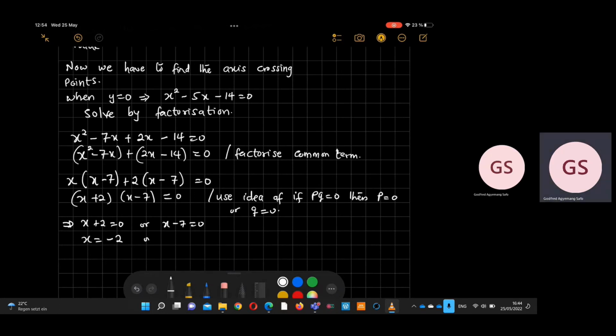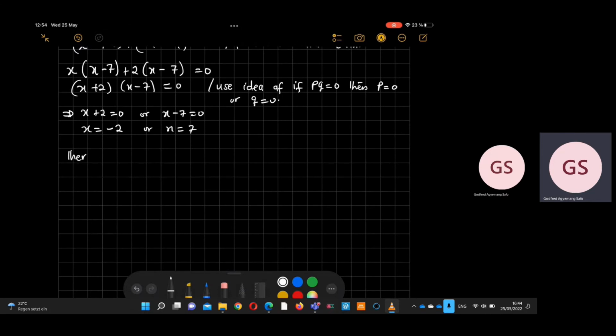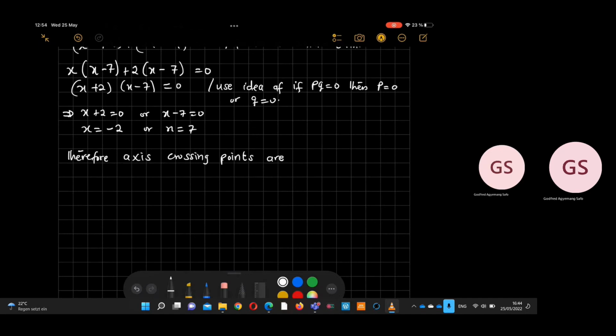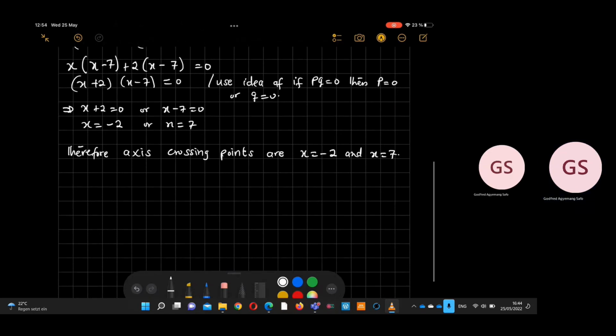Then we have that x is equal to minus 2 or x is equal to 7. So these 2 points are the axis crossing points, that is x equals minus 2 and x equals 7.